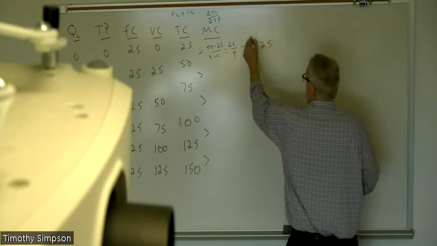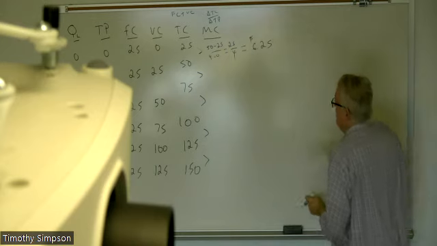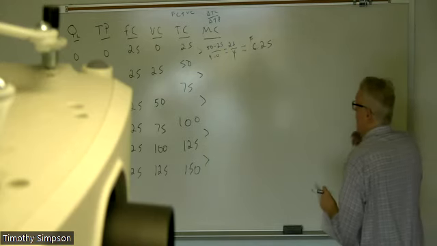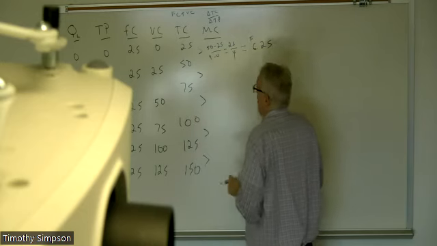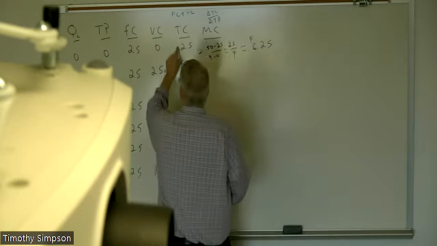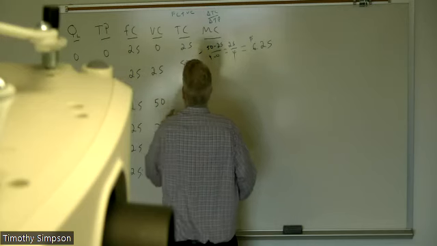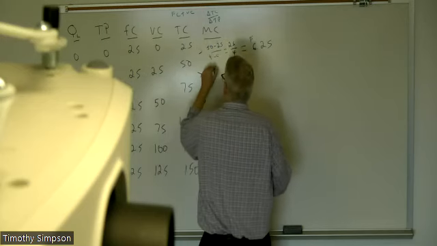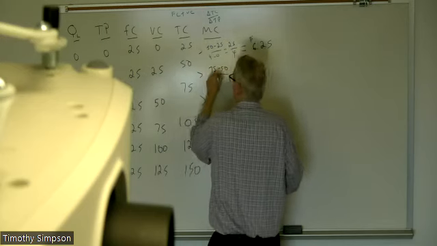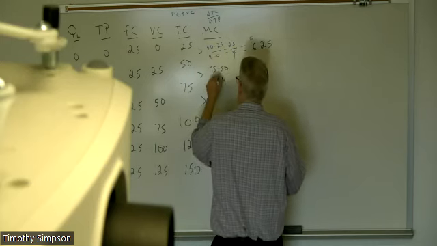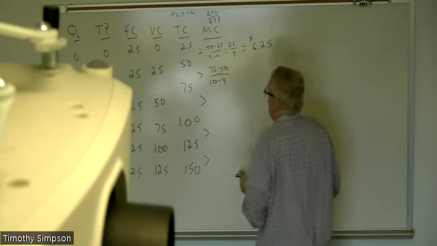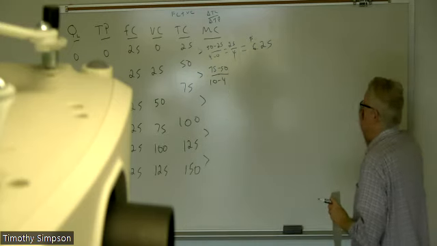6.25 what? $6.25. Right? Okay, and you can go down here, and I'll do a little more, just to show you how we arrive at it. It's basically the change, 50 minus 25 over 4 minus 0. Now we go to 75 minus 50 over 10 minus 4. Simply changing column 5 by the change in column 2.